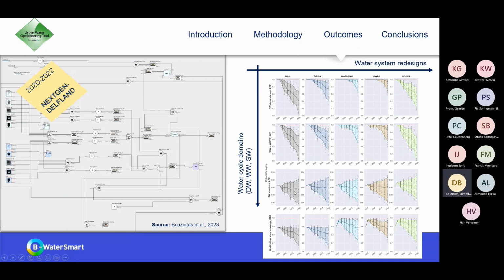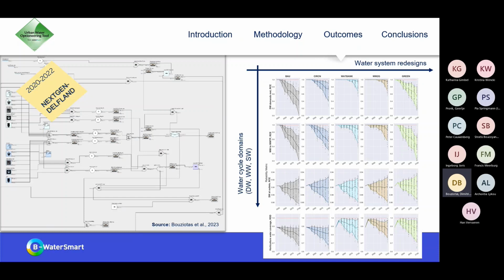So through this process, we have shown quantitatively that circular water strategies lead to more resilient systems across multiple domains of the urban water cycle and secure the province against future changes in population, climate, horticulture demands, etc.